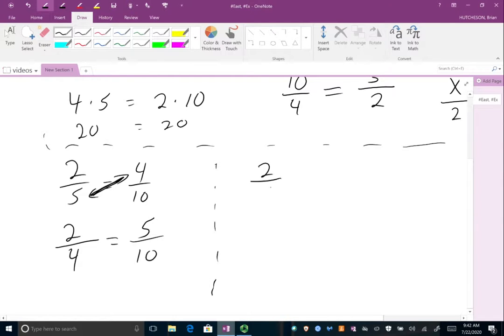Think about that one. Do we have to switch at all? So if I start with 2 over 5 is equal to 4 over 10. This is all built on the fact that 2 times 10 and 5 times 4, they both give me 20. Well, what's another way I can multiply two numbers together to get 20? 1 times 20, right?